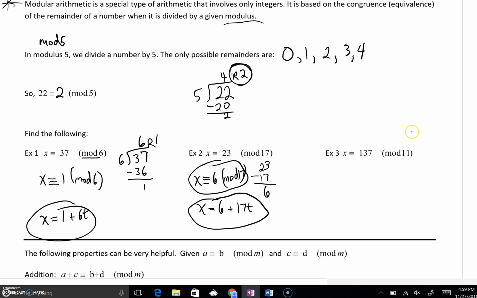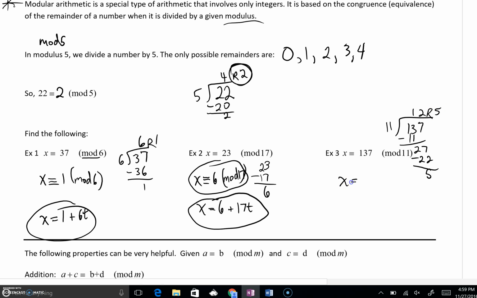Taking a look at 137 in mod 11. Whether you know your arithmetic facts really can speed this whole process up. We know that 11 goes into 13 once. Bring down the 7, we could say, well, 11 goes into 27 twice. And without too much work, we'd see we have a remainder of 5.